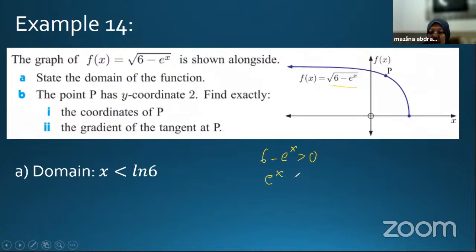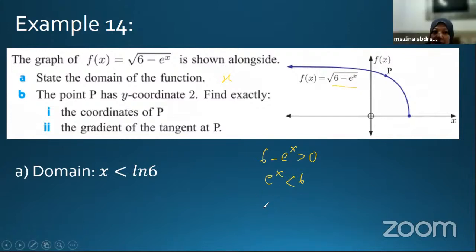Therefore, e to the power of x is always less than 6. If you say from negative infinity up to 6, that is e to the power of x. But we are looking for the domain. Domain must be in terms of x. So, how to solve for this? We solve for x. We express x.